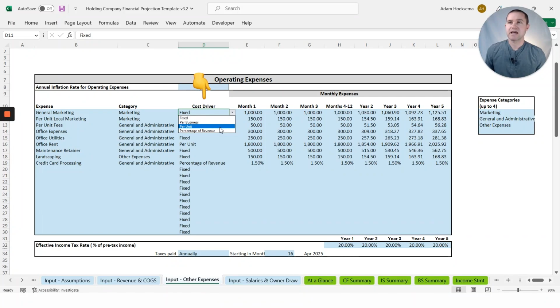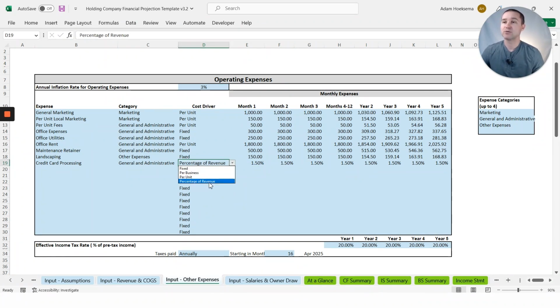So if you wanted to say, when we acquired those 7 units, we're going to spend $1,000 in marketing per unit, you would select per unit, and the model will automatically apply $1,000 worth of expense per unit going forward. And then the last flexible piece here is you can say the expense should be a percentage of revenue. So if we want credit card processing fees to scale with revenue, so they're 1.5% of total revenue, you can have that expense scale in that way.